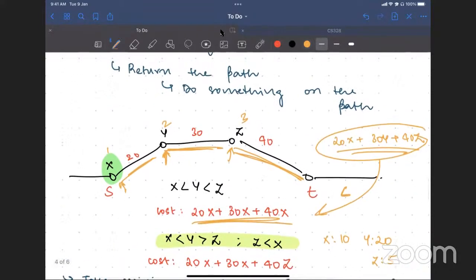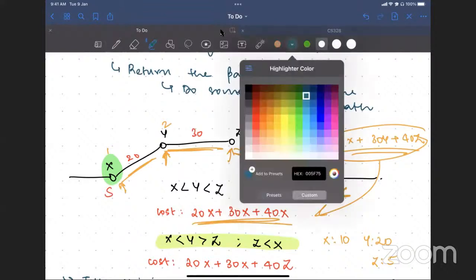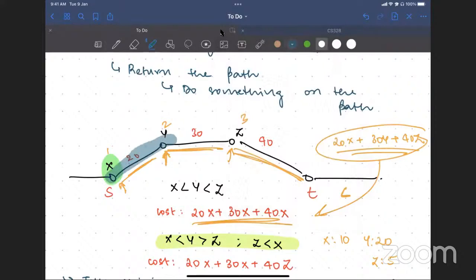So my cost would be: first I refuel at X, and then I drive all the way from X to Y, because Y has the higher cost, so I won't want to refuel at Y. Once I reach Z, since it has a lower cost than X, I'll refuel from Z to the target. So this will be the optimal in this case.